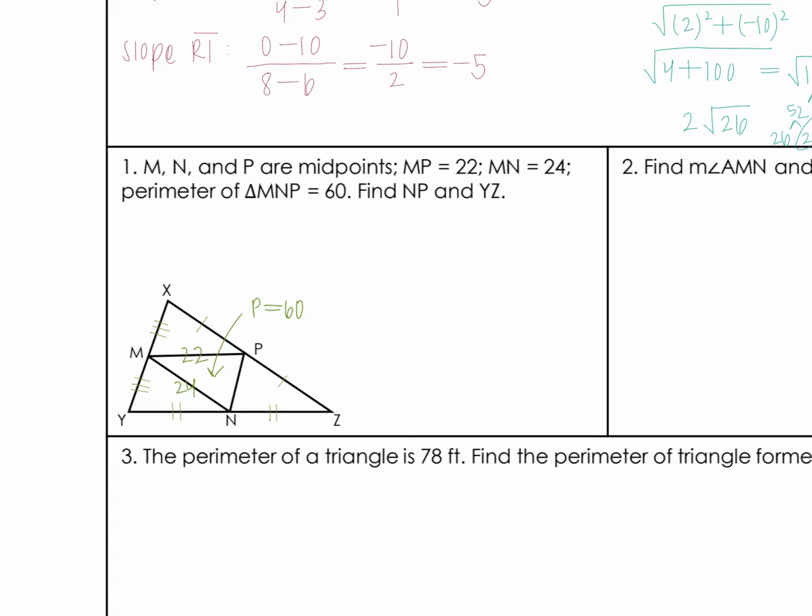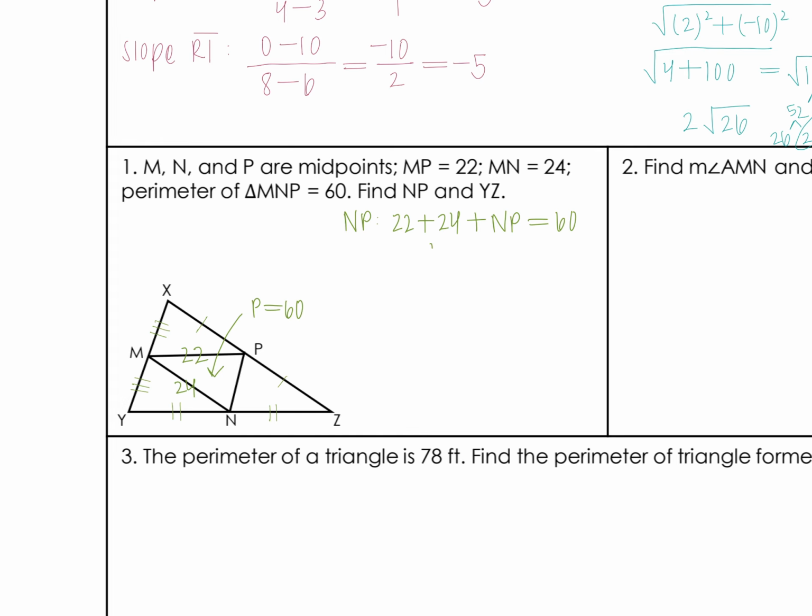Well, to find NP, I'm going to take my 22 plus 24, the lengths I do know, plus that NP, and set it equal to the 60 because perimeter is just adding up all my sides. Then I'm going to solve for NP.